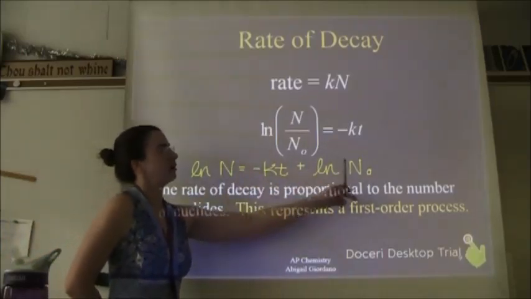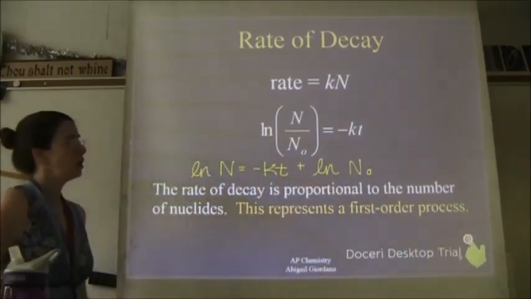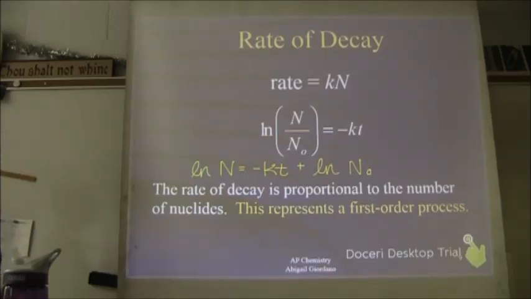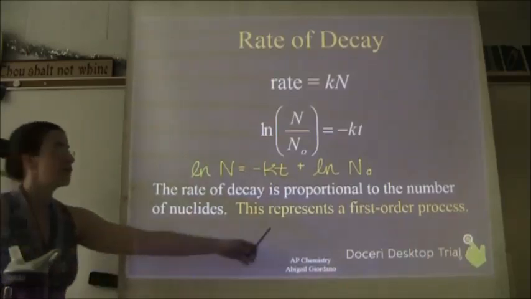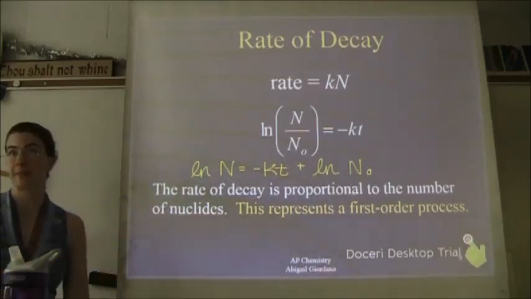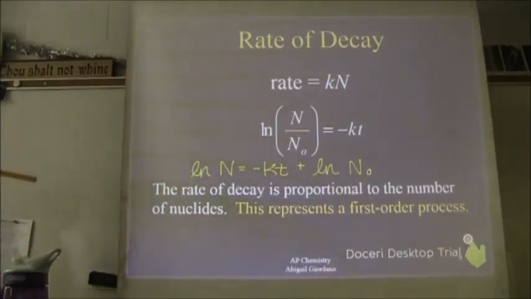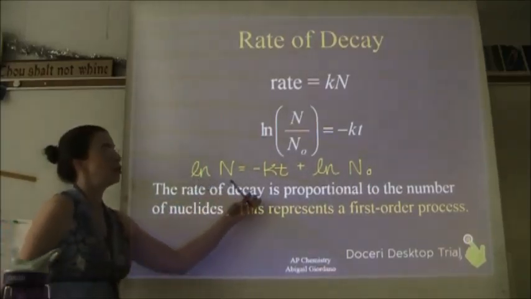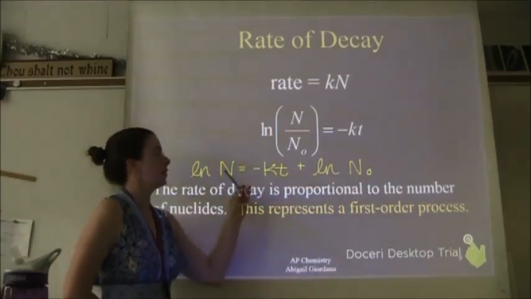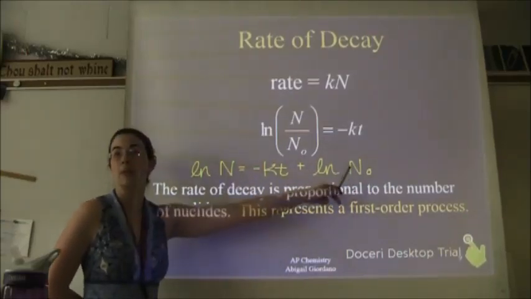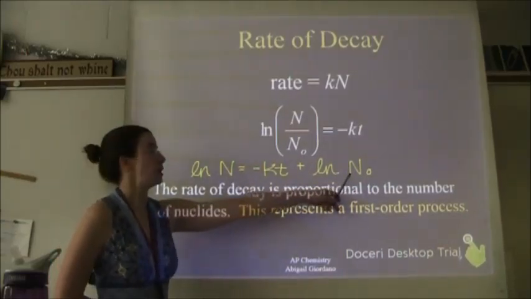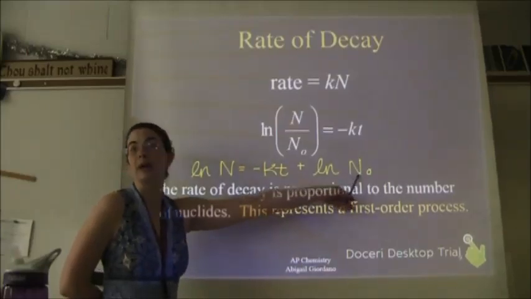But here's the thing, guys. All nuclear or radioactive decay, nuclear reactions, obey first order kinetics. All of them. Which means we can use this rate law. This does not have to be a molarity. It could be an amount in grams.